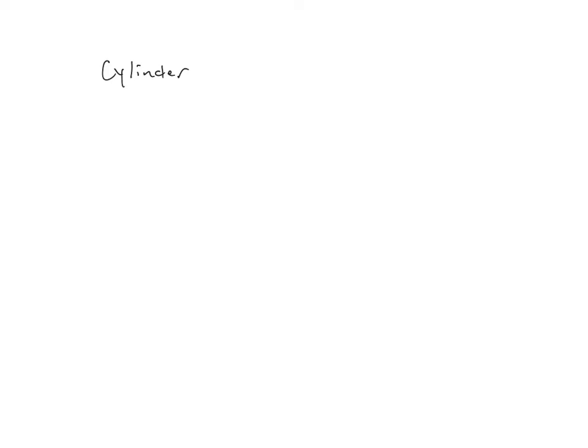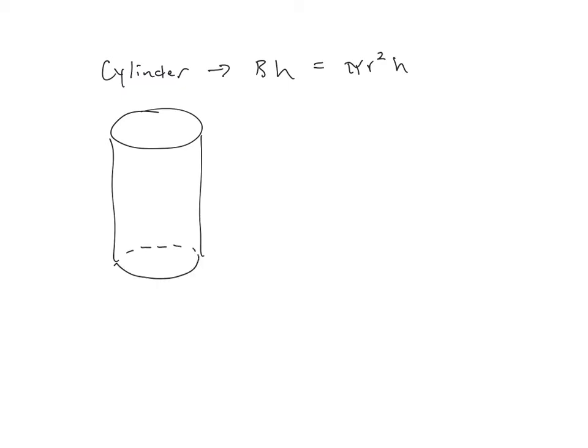So cylinder, same formula, but the area of the base of a cylinder is a circle, so pi r squared times h. So if we had one like that, area of the base, pi, 12 is a diameter, so 6 squared would be the area of the base, and then the height is 18.